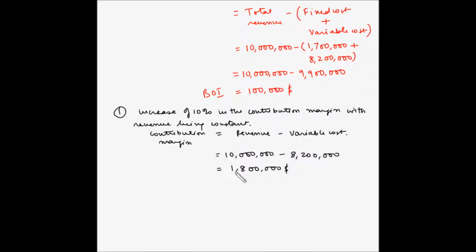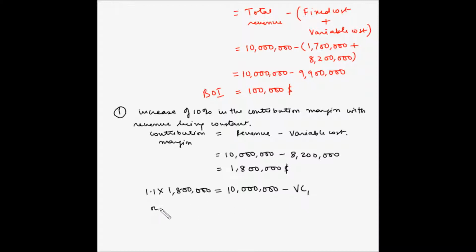So originally the contribution margin was 1.8 million. So now with the 10% increase, it will be 1.1 multiplied by 1.8 million. This is equal to, the revenue remains the same, which is 10 million minus the new variable cost. We'll call this VC1.